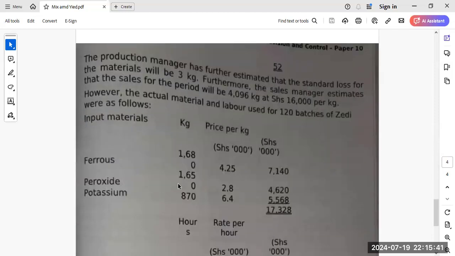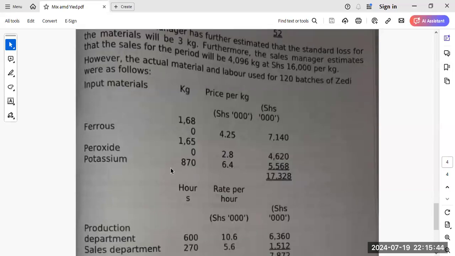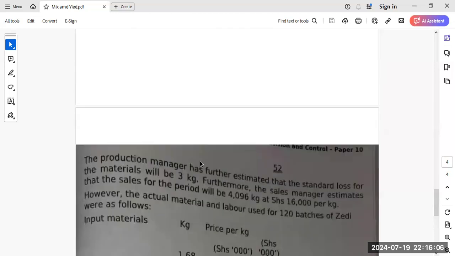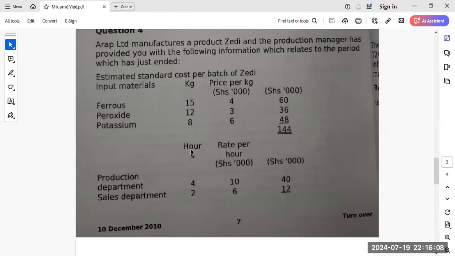Here it is a typing error. It should be 1,680. This should be 1,650. This is 870. These are actual kgs. But they didn't give you the actual rows here.